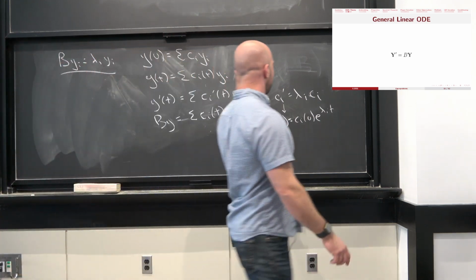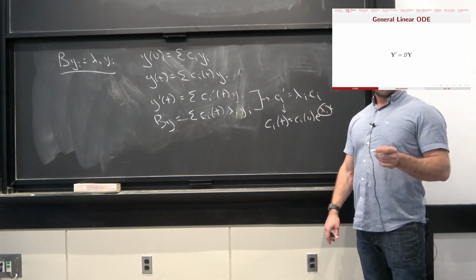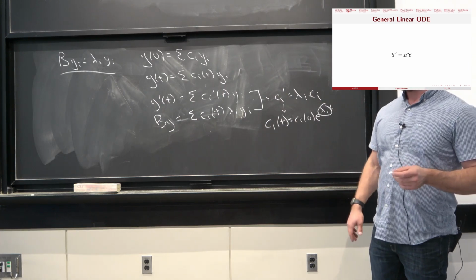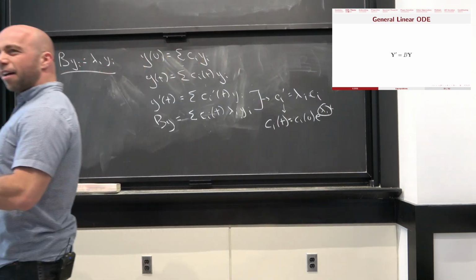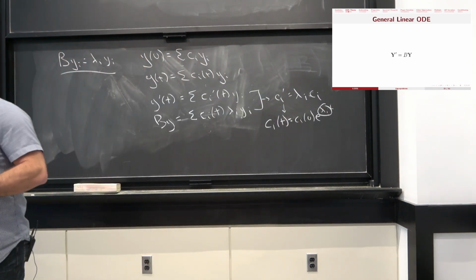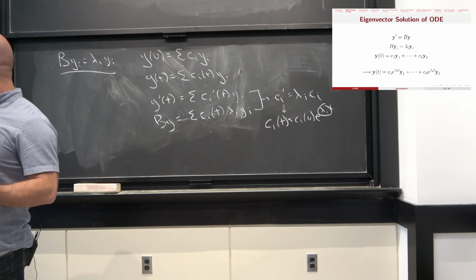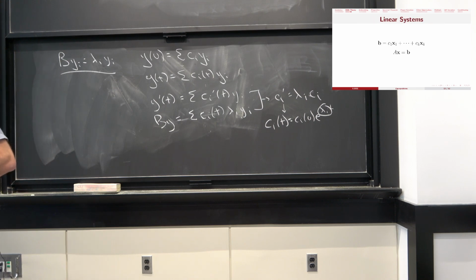Actually, we kind of do know that. For example, if lambda i is negative here, notice that this term is going to decay really fast, and so you might just slice it out, which is some indicator of which eigenvectors you want to choose. Okay. So anyway, that's our story for solving ODEs with eigenvectors, which is a good first step.